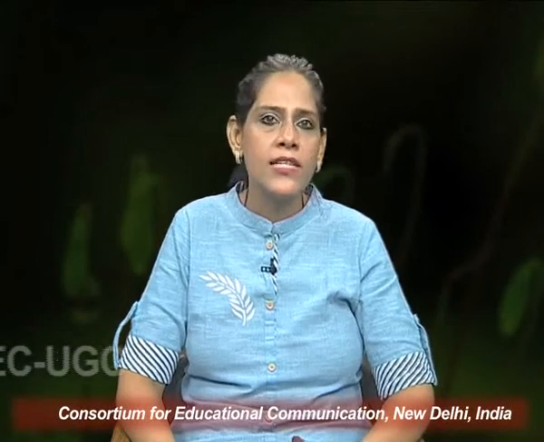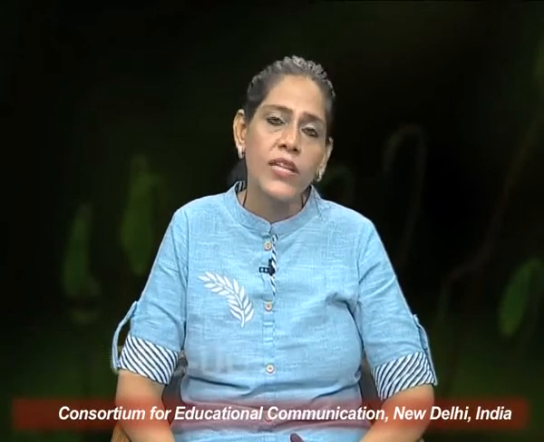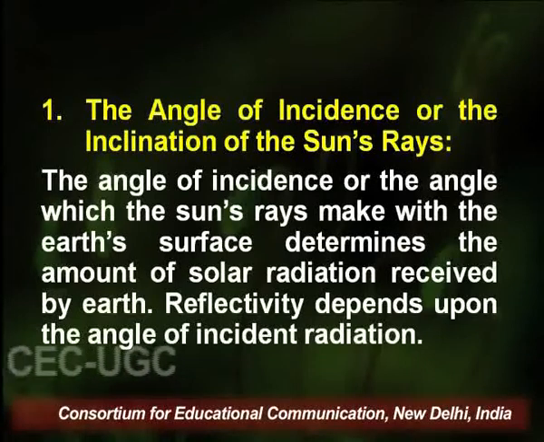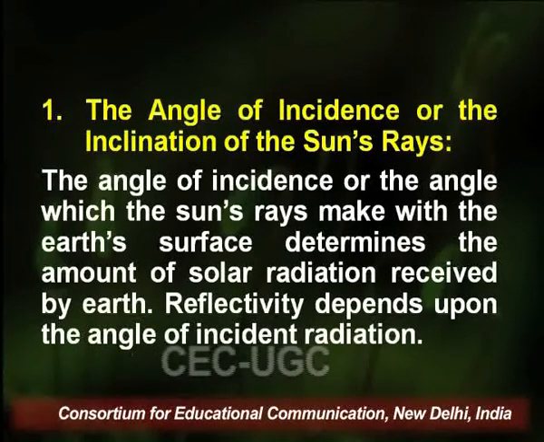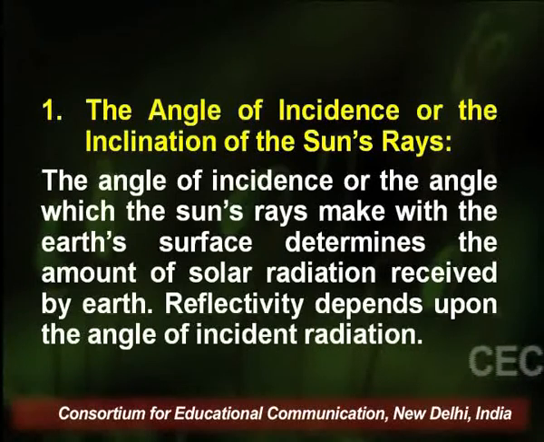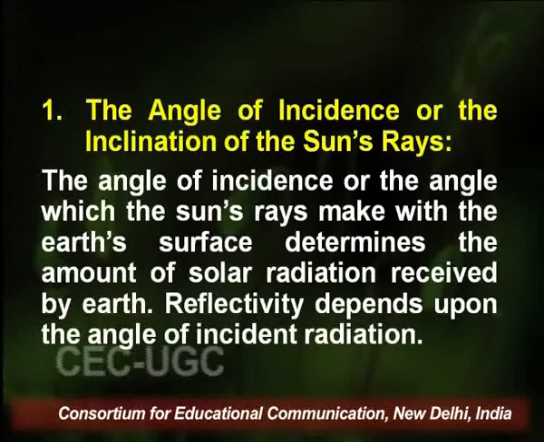Let's begin with the angle of incidence, or the inclination of the sun's rays. The angle which the sun's rays make with the Earth's surface determines the amount of solar radiation received by the Earth. Reflectivity depends upon the angle of incident radiation.